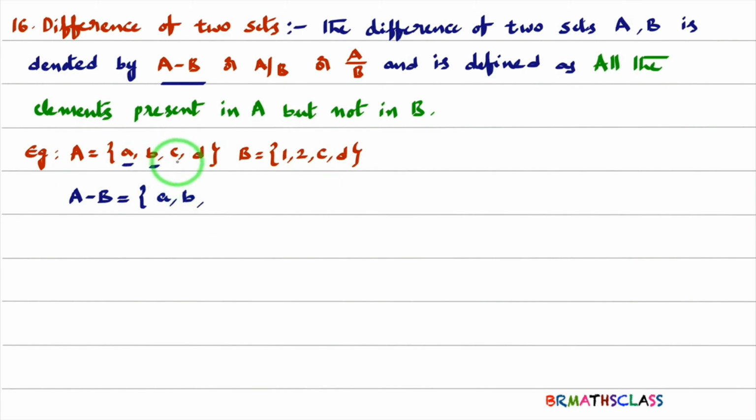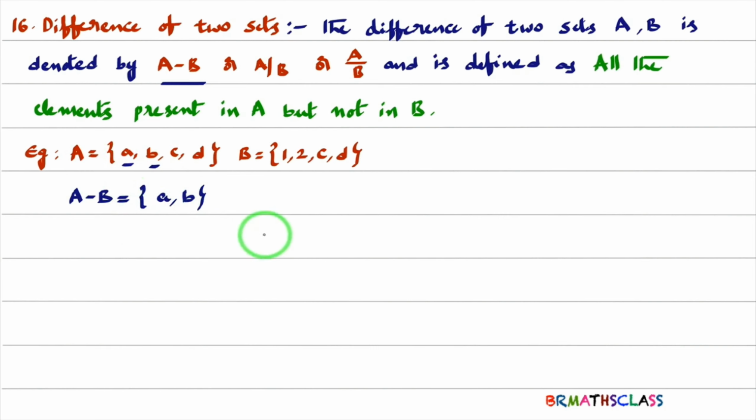Now what about C? C is an element present in A. It is present in B also. But what is A minus B? All the elements present in A but not in B. Okay. So here D is present in A. D is present in B also. So A and B are the only elements which are present in A but not in B.